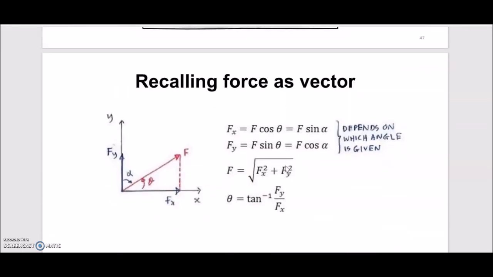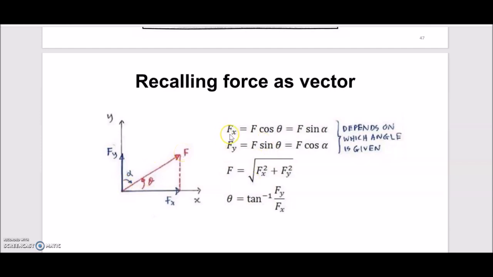So now we have three forces: force in the horizontal direction, Fx, force in the vertical direction, Fy, and we also have the force as a vector.